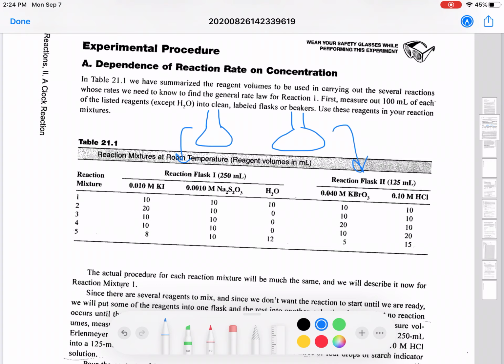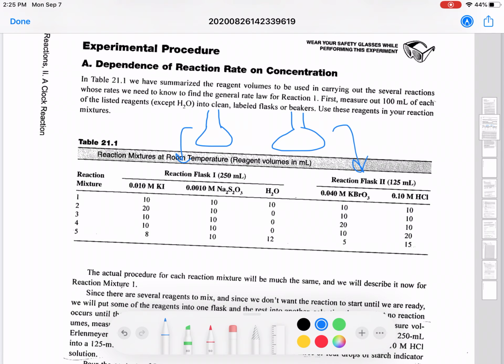And for the second reaction flask, you are adding potassium bromate and hydrochloric acid. Okay, so for reaction mixture 1, you are adding 10 milliliters KI, 10 milliliters sodium thiosulfate, 10 milliliters water. And for the second flask, 10 milliliters potassium bromate, 10 milliliters hydrochloric acid.